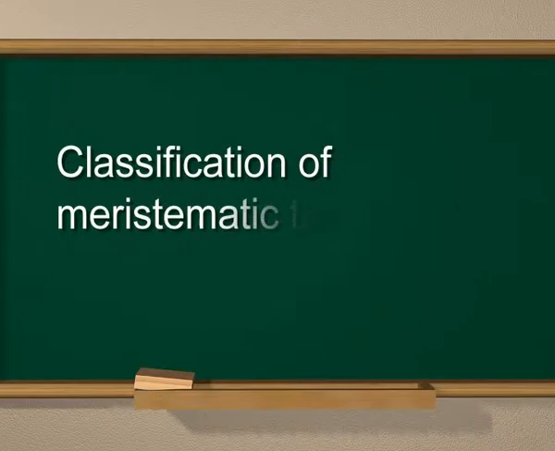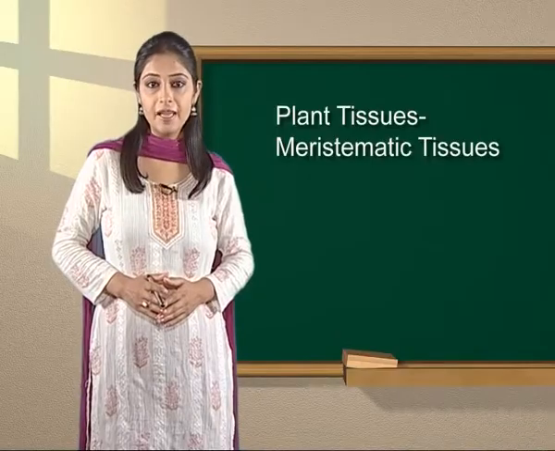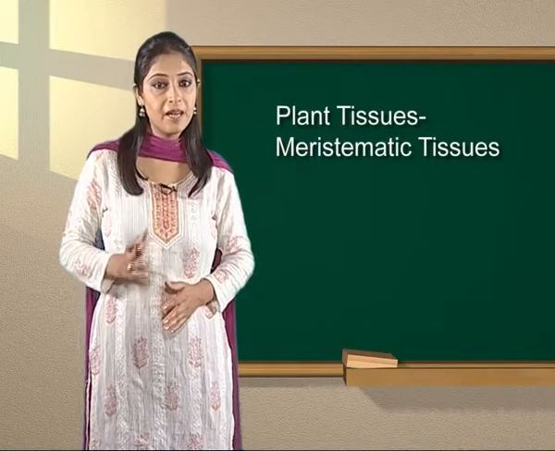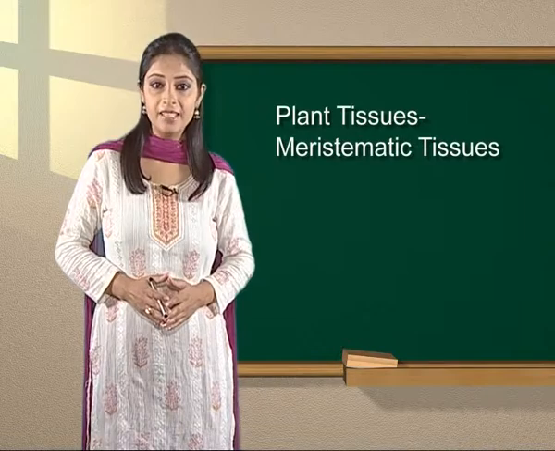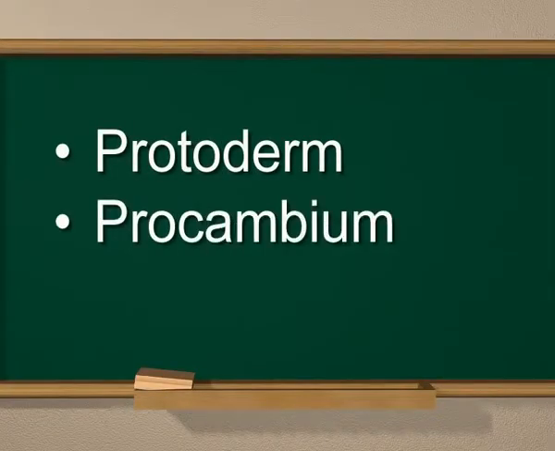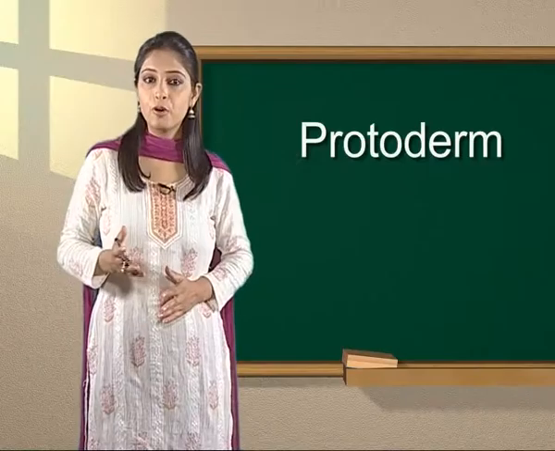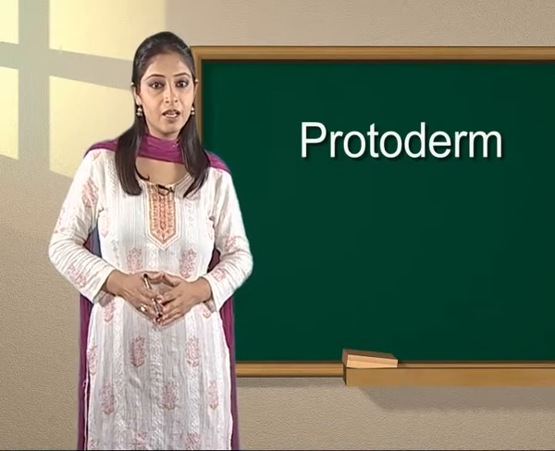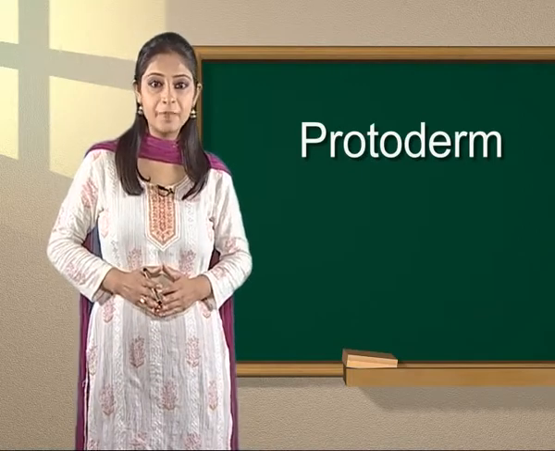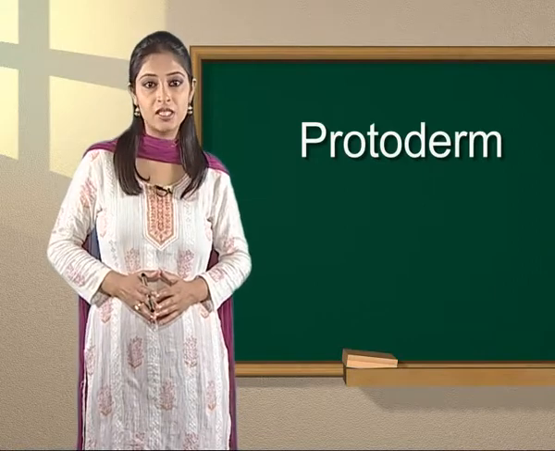Meristematic tissues can also be classified on the basis of their different functions. On the basis of the functions, meristematic tissues can be classified into protoderm, procambium, ground meristem. Protoderm is the meristem which gives rise to the epidermis of stem and epiblemma of root.